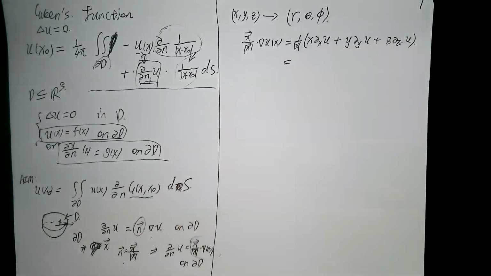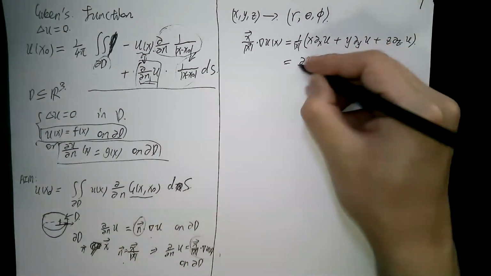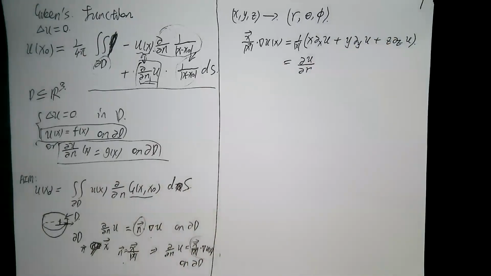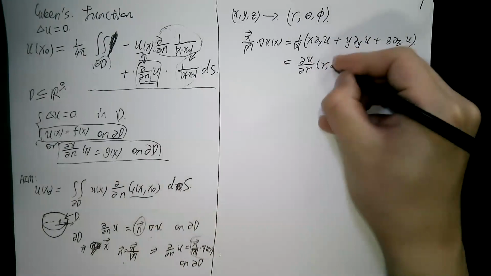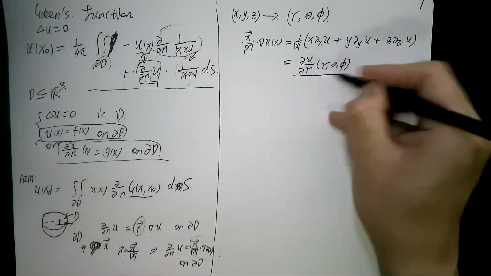It's the rate of change of u along the r direction, so it's actually partial u partial r, by change of variable. So in this very special case, partial n u can also be written in this form.